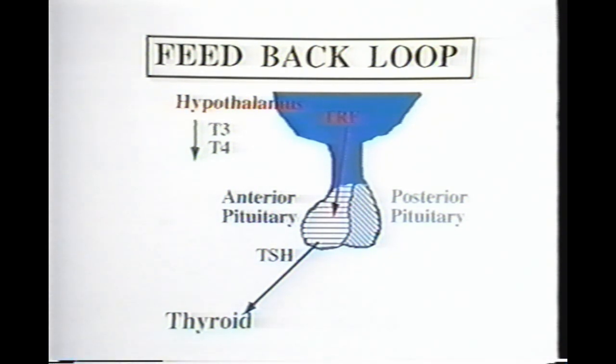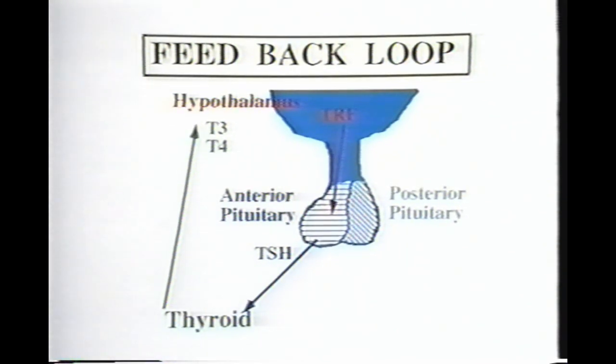And when those levels in turn rise, it's like the thermostat on your furnace. It says, hey, we got plenty, and there's no thyroid releasing factor, and hence decreased amounts of thyroid stimulating hormone. This is called a feedback loop.